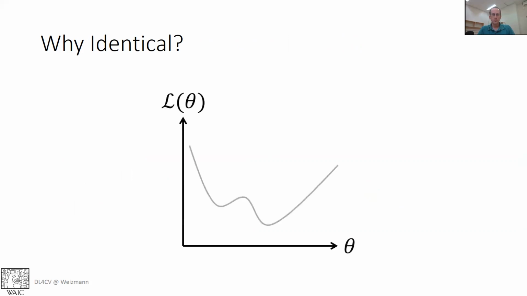So what we are doing in deep neural network training is optimization. We are using stochastic gradient descent to find the weights that minimize the loss function. So this is our loss function, and we want to find the weights that minimize it. So how do we do that? We do this with stochastic gradient descent.